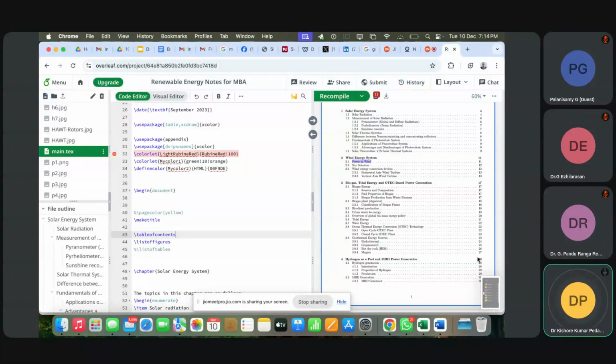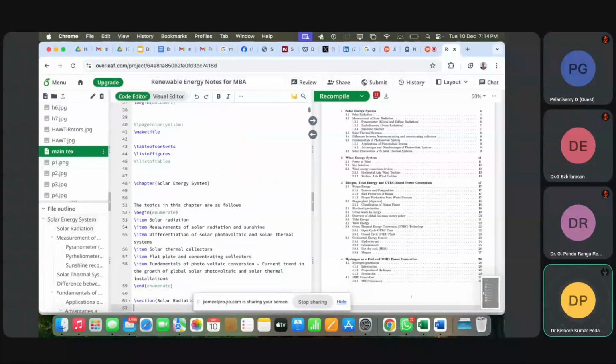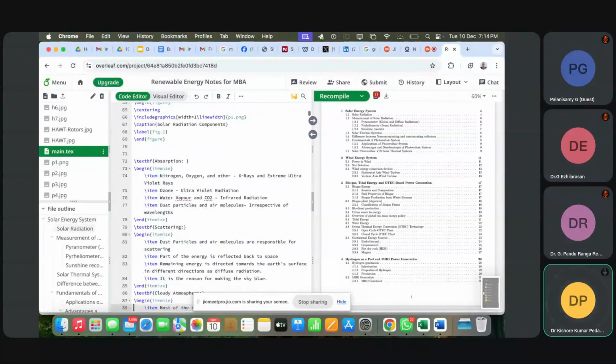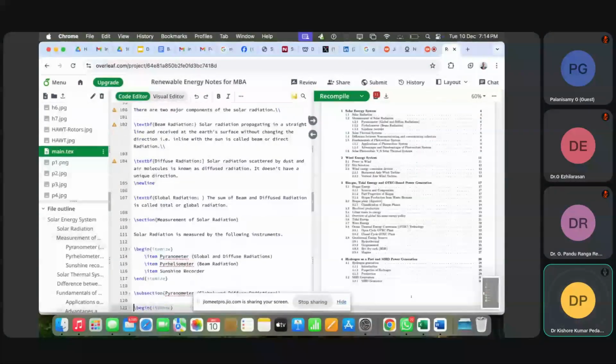Understood? I will show you for your clarity. Let me take the wind energy system. It starts from 11 and ends at 13. For example, in between that I will add something. Where is wind? I will show you.